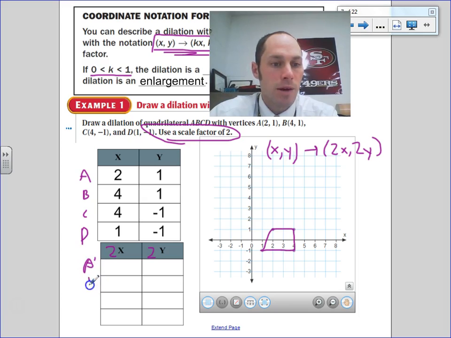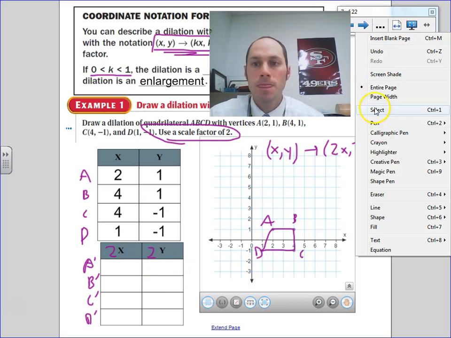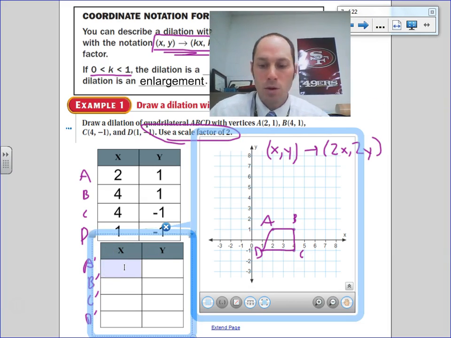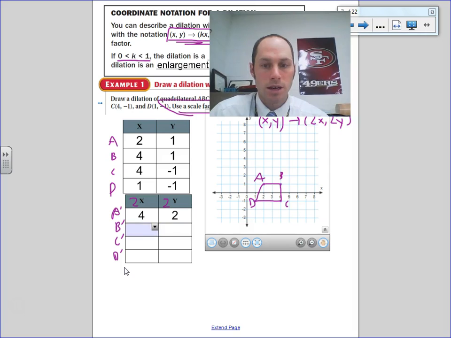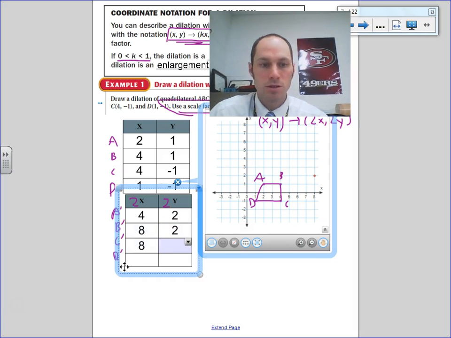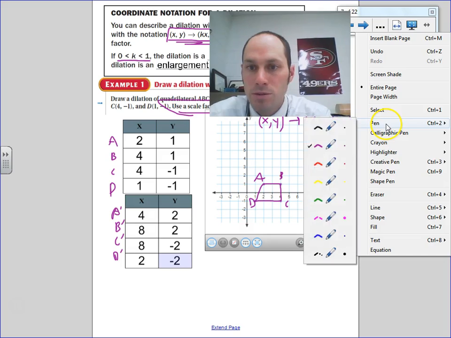So I can find my A prime, B prime, C prime, and D prime by doubling all those coordinates. So I would get 4, 2, 8, 2, 8, -2, and 2, -2. And I would get those points, and I could connect those points.